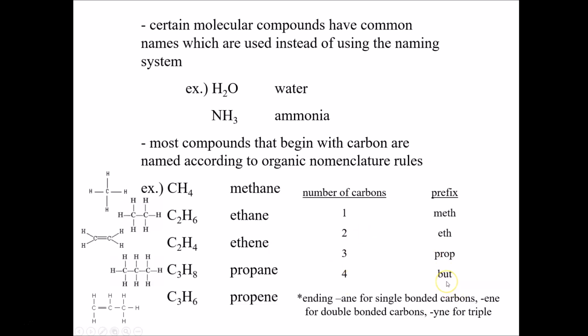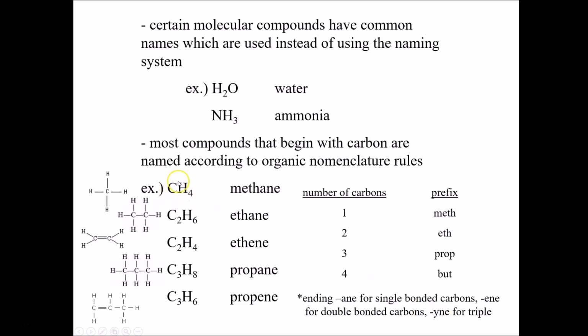That's not but, that's bute. And then the ending to each of those depends on what kind of bonds are in that. Are they single bonds? Are they double bonds? Are they triple bonds? If they're single bonds, we end it with ane. If they're double bonds, we end it with ene. And if it's triple, then we call it ine.